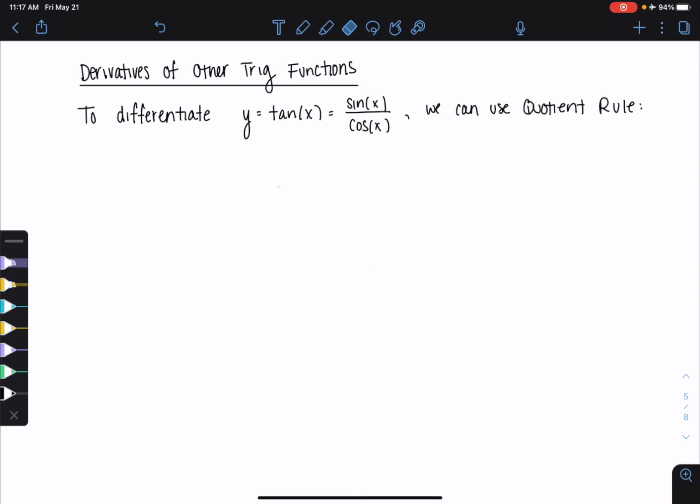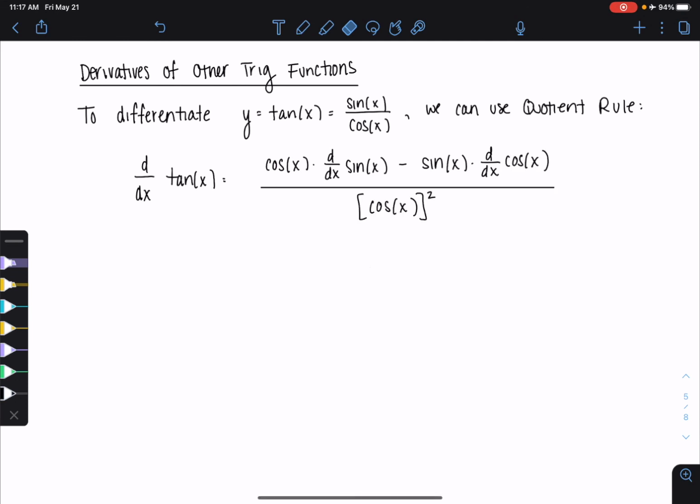So really, we can just use quotient rule. The derivative of this function is, we do quotient rule, low d high minus high d low, all over low low.